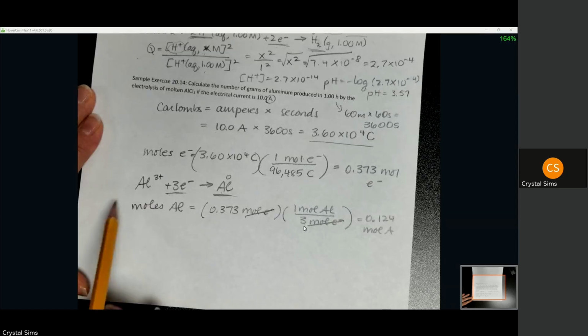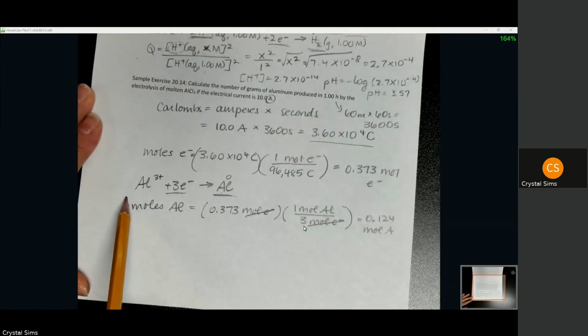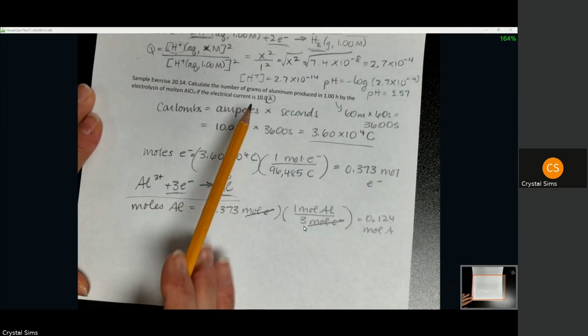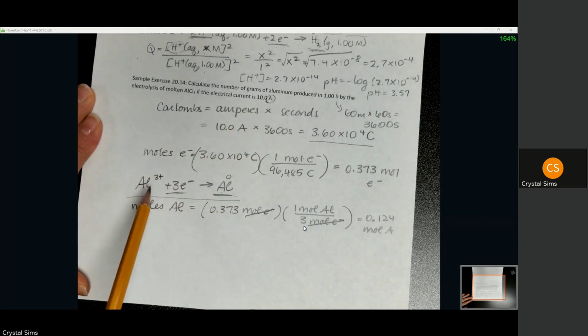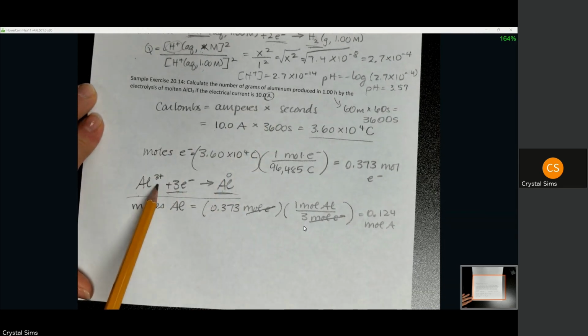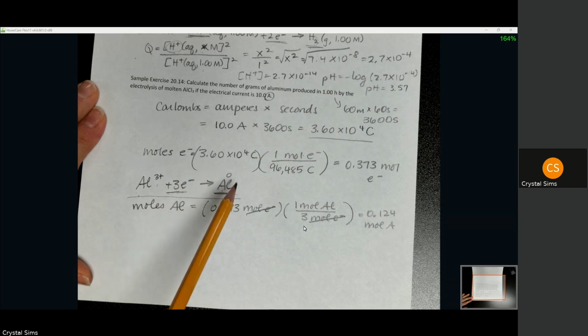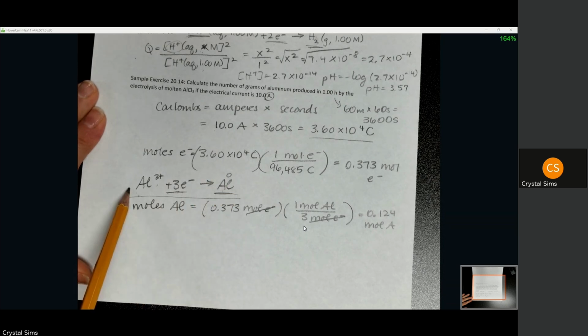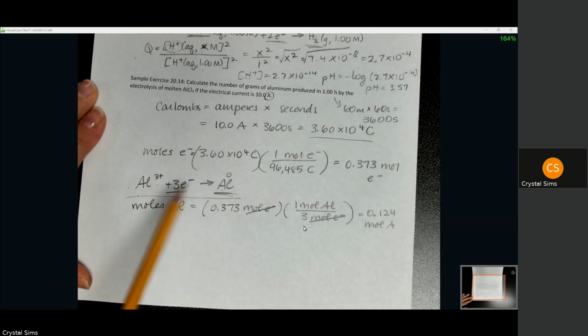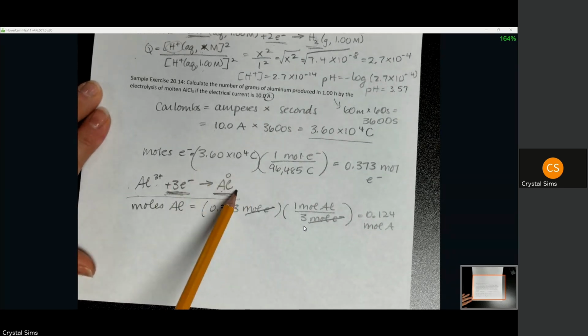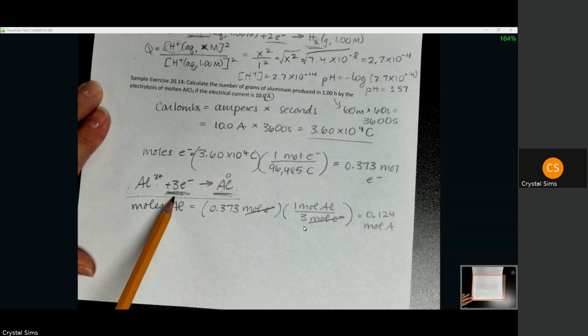So all you have to do to get to this step is set up your reaction. I'm trying to produce aluminum. What is my aluminum ion? It's aluminum 3+. How do I get there? I have to add 3 electrons. So for every 1 aluminum, I'm going to have to add 3 electrons. So 1 mole of aluminum to 3 moles of electrons. So now I need 0.124 moles of aluminum.